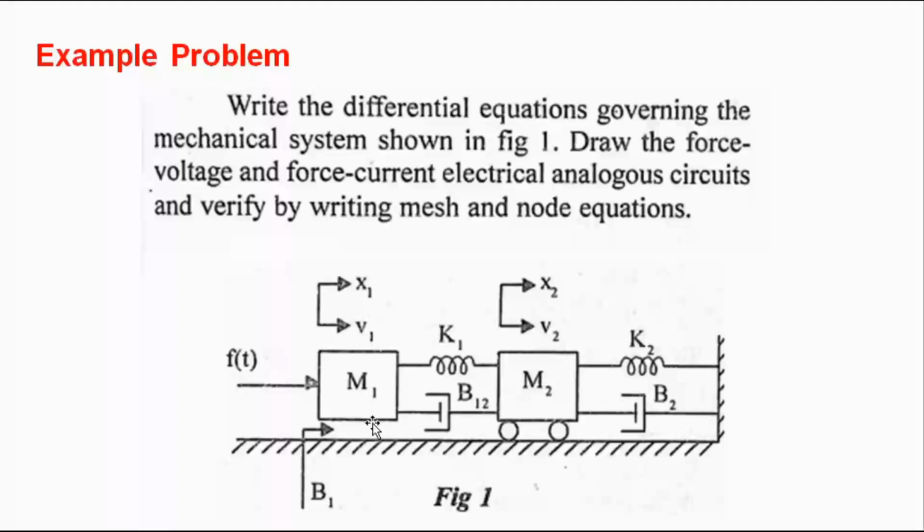Then compare these two equations. Compare the set of equations, the mechanical system equations and the electrical system equations. Both equations are similar. The terms are similar, but only the letters are different. From this, we can verify that these circuits are the analogous circuits of this mechanical system.